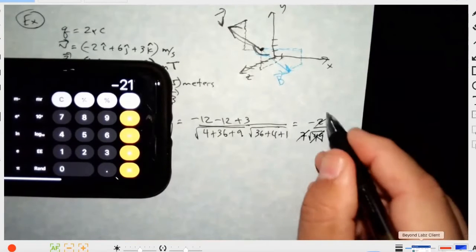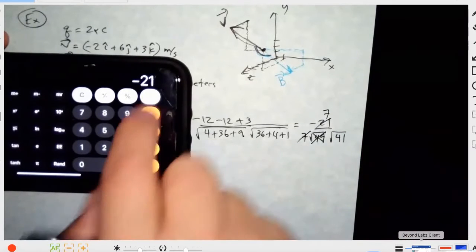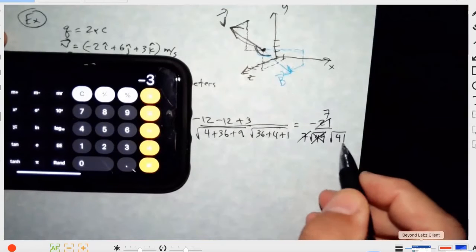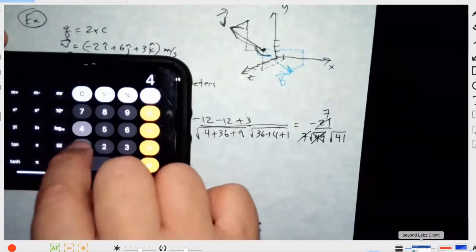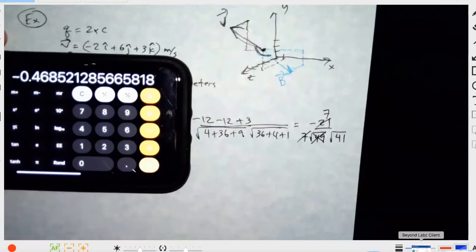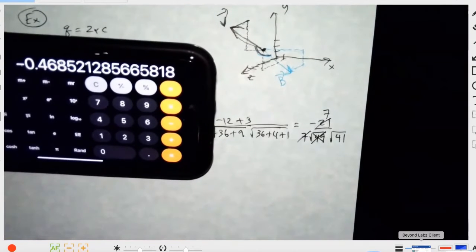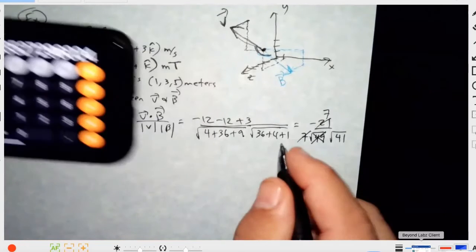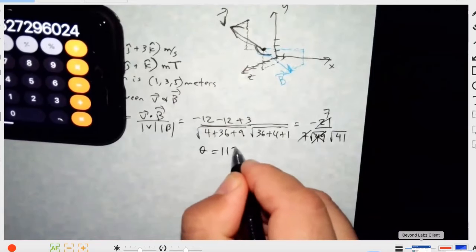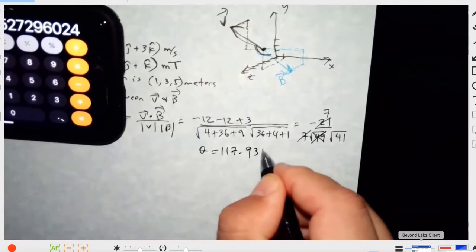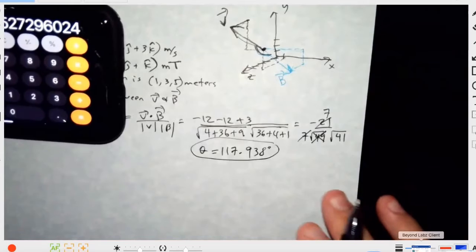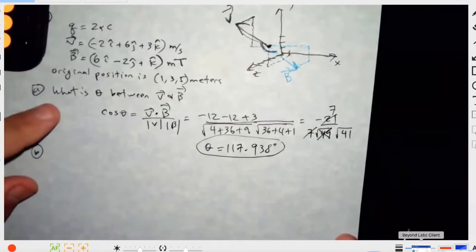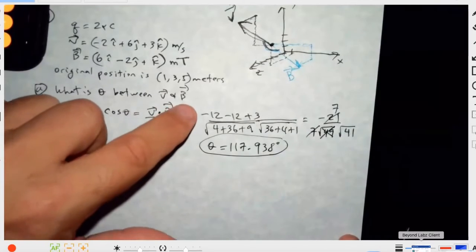So negative 21 divided by 7 is negative 3, divided by square root of 41. Then I'm going to take the cosine inverse of that. Second function, cosine inverse, 117.938 degrees.